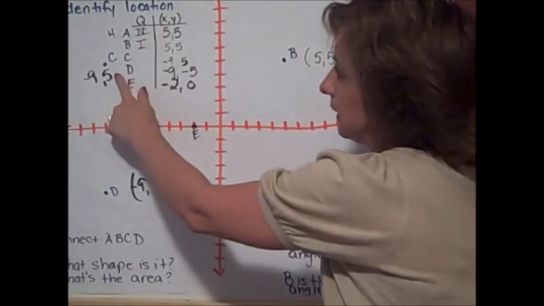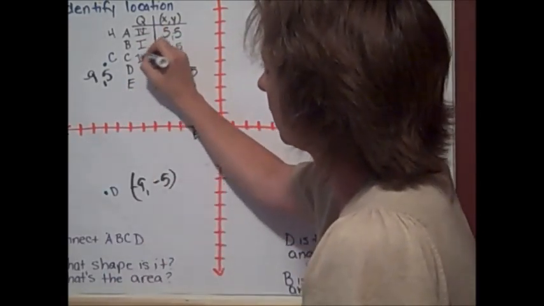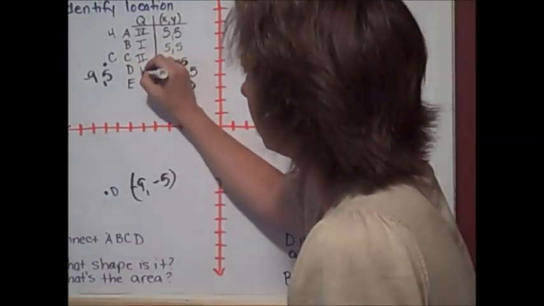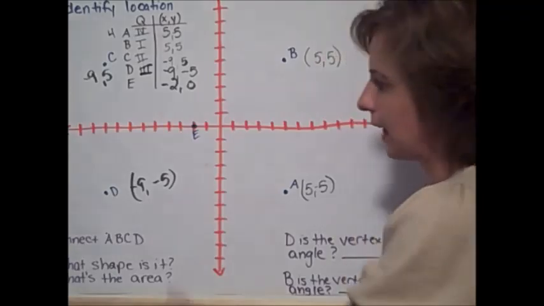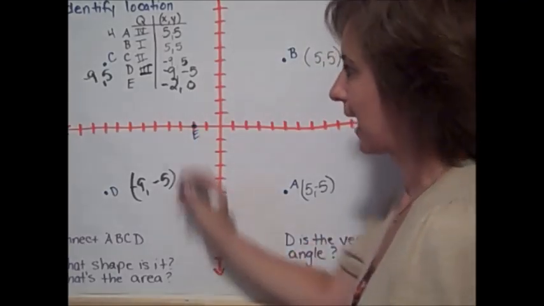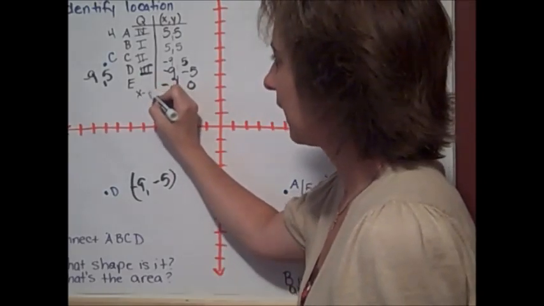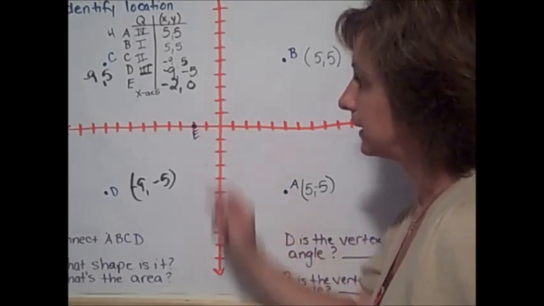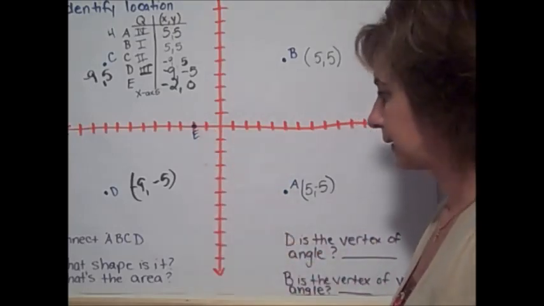Point C is in quadrant 2. Point D is in quadrant 3. And point E is on the x-axis. We don't have a quadrant that E has moved into because it is on the x-axis.